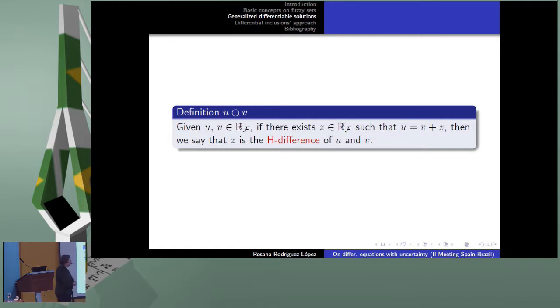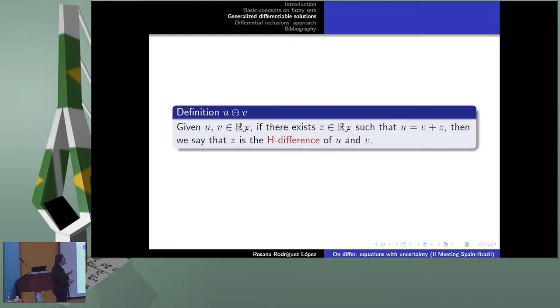And the problem with this kind of spaces is that the addition of the opposite is not a proper difference, even in the crisp case, where all the levels are the same interval. If you add a non-trivial interval to the opposite of the interval, you don't get 0. So that is the main reason that the addition of the opposite is not a good definition.